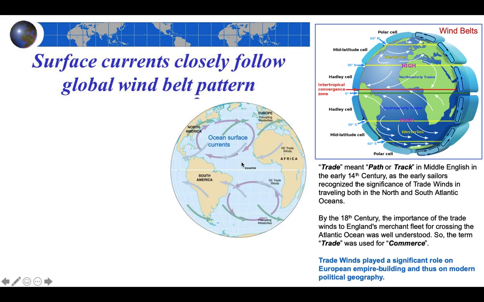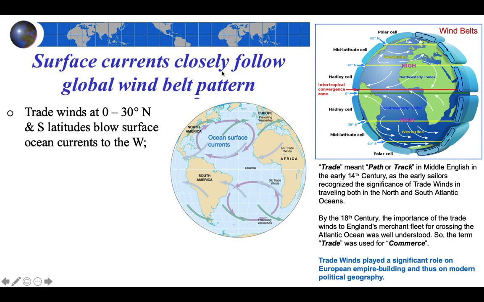On this map, you're looking at the surface ocean currents in the Atlantic Ocean. And you realize that trade winds between the equatorial zone and the 30-degree north and south latitudes blow surface ocean currents to the west.